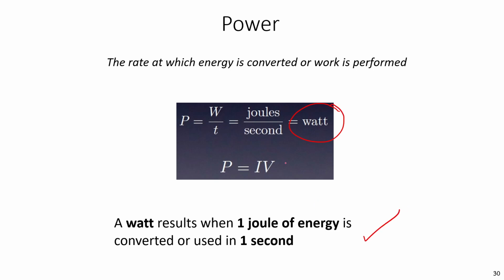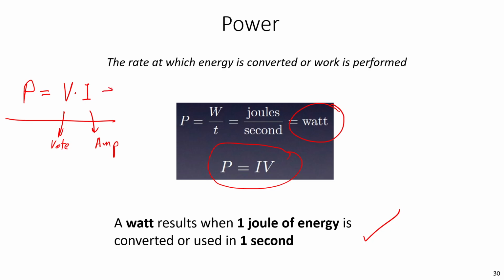It is the product of current and voltage, right? I think you learned about this. P equal V into I, right? V in volt and I in ampere. And the unit of P is usually in watt.